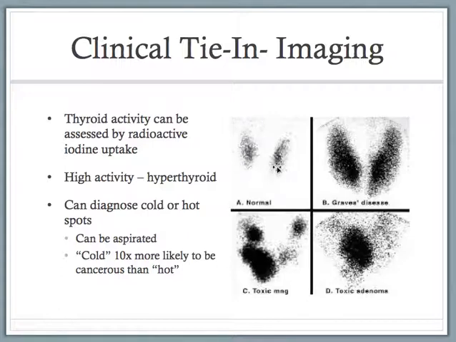So here's our butterfly-shaped gland. Here's a nice normal gland, and we wouldn't see any pathology associated with this scan. This individual has a type of hyperthyroidism, also called diffuse goiter, because it's just one really large hypertrophic gland on all sides, and it's named Graves' disease. And so it's this diffuse goiter, really hyperactive thyroid.